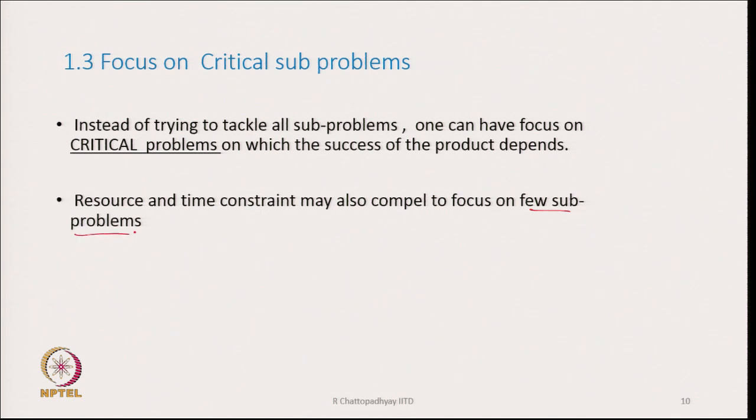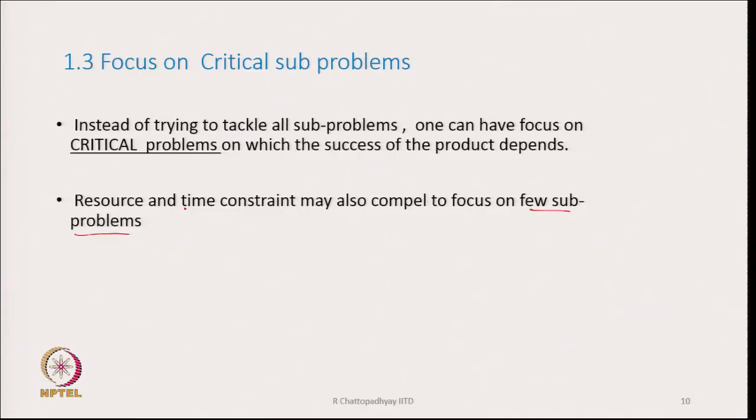So, from the customer needs, let us say we find out there are too many sub problems to be solved. Let us say there are 8 sub problems based on customer need. Now, we may not tackle all 8 in one go. Instead, we try to tackle maybe half of them, maybe 4.